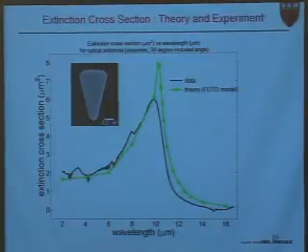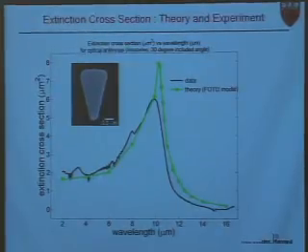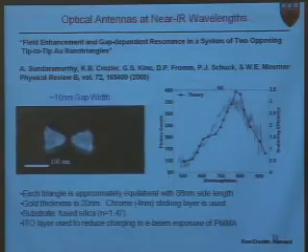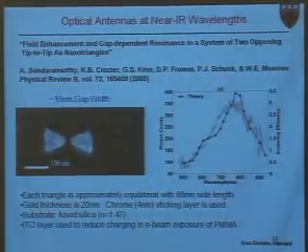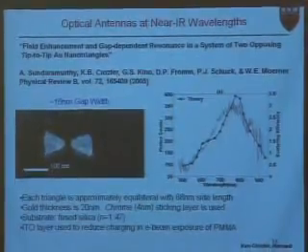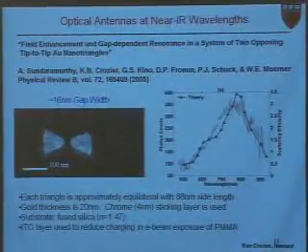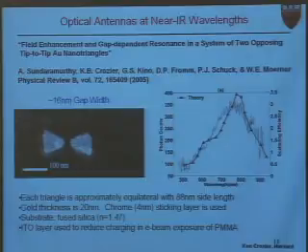And that motivated us to see if we could make these antennas work at near-infrared and visible wavelengths, and also start to incorporate them in devices and use them in applications. So the first stop in that path was to work at the near-infrared wavelengths, and to do that we made the antennas much smaller.